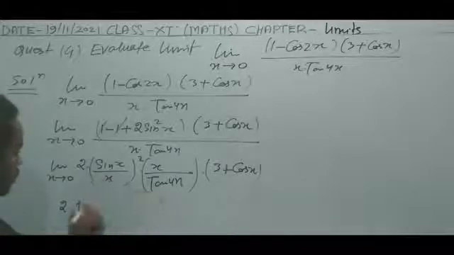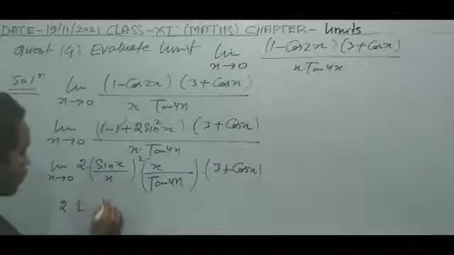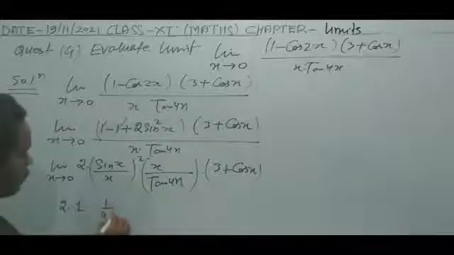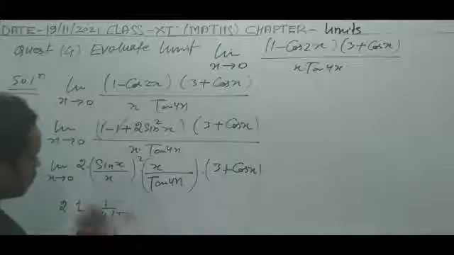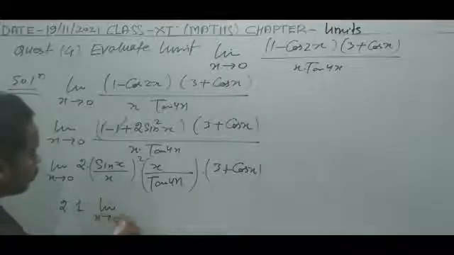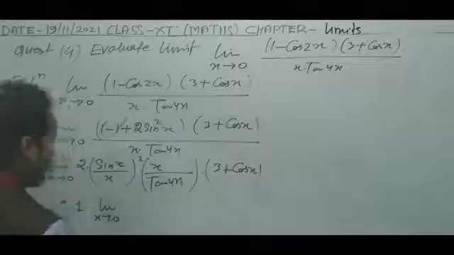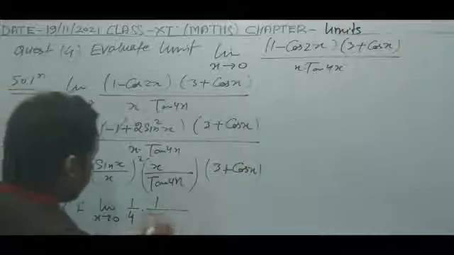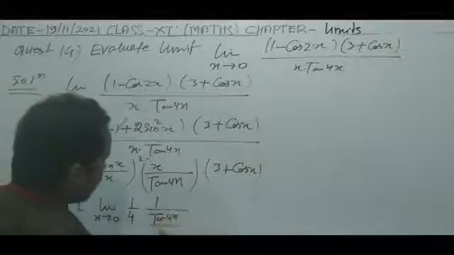So this part we can write, suppose this is 4x, means 1 by 4 into limit x tends to 0, 1 by 4 upon tan 4x upon 4x.